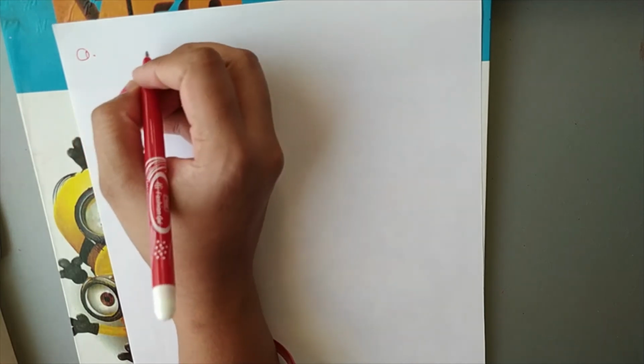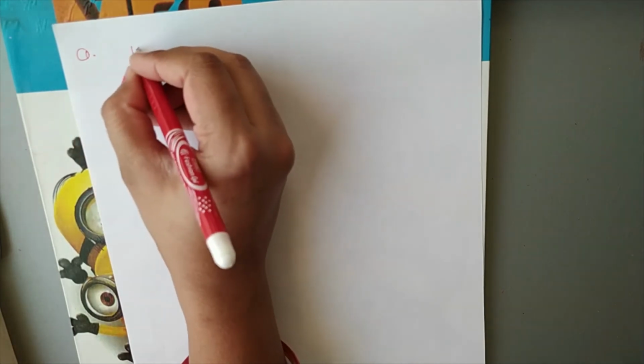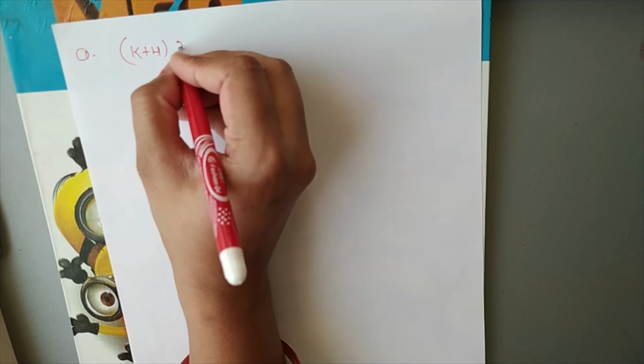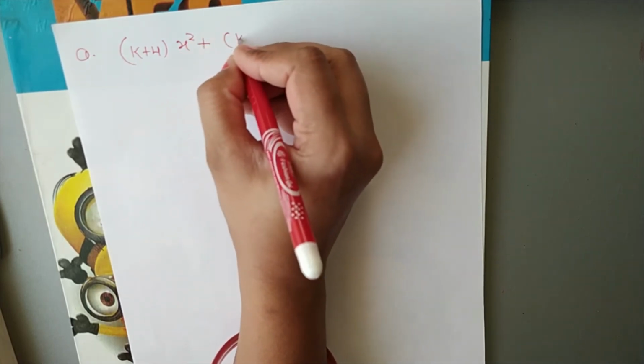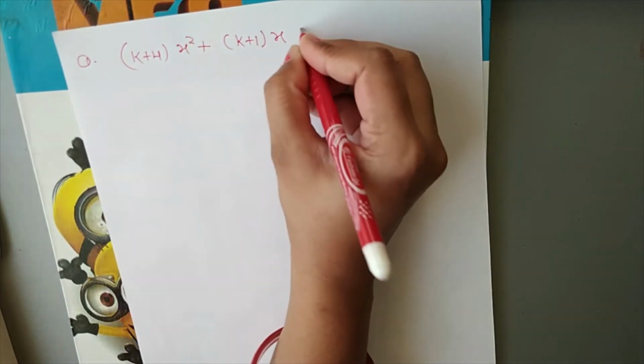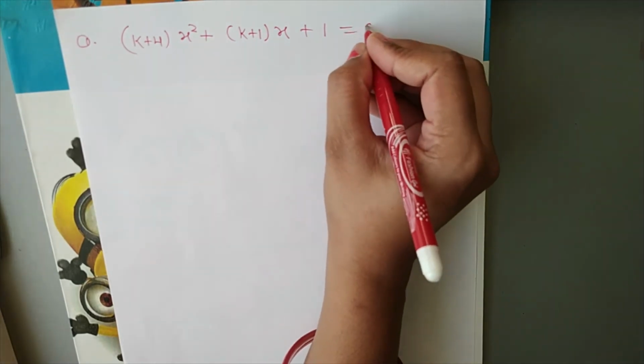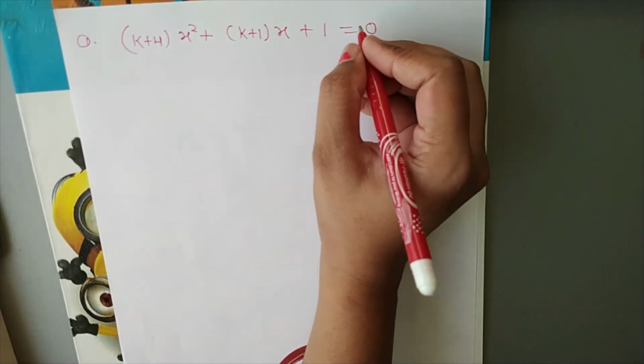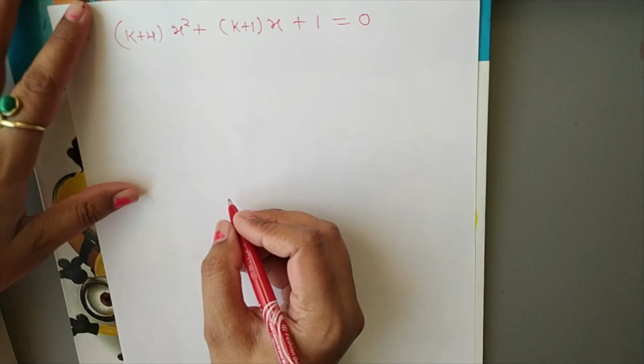Now next question is: find the value of k for which the quadratic equation (k plus 4)x square plus (k plus 1)x plus 1 is equal to 0 has equal roots. Equal roots means D is equal to 0.